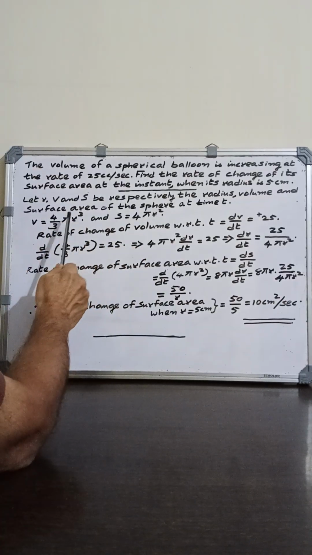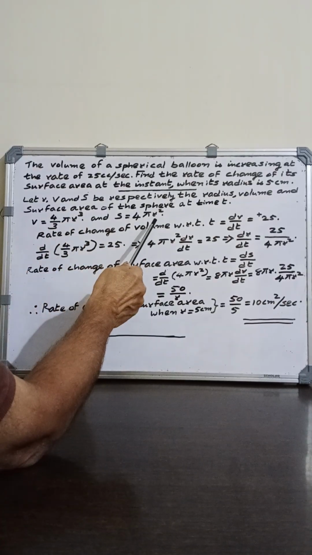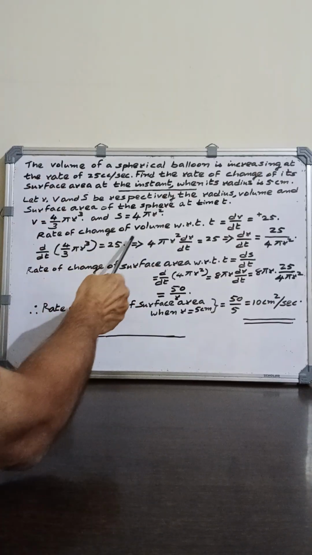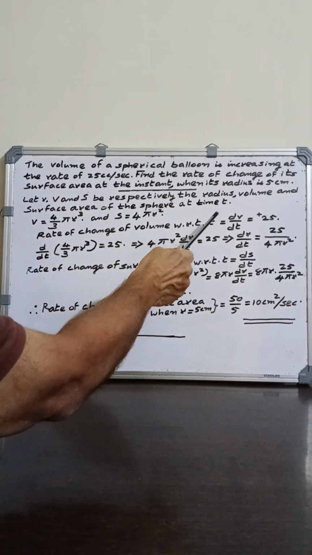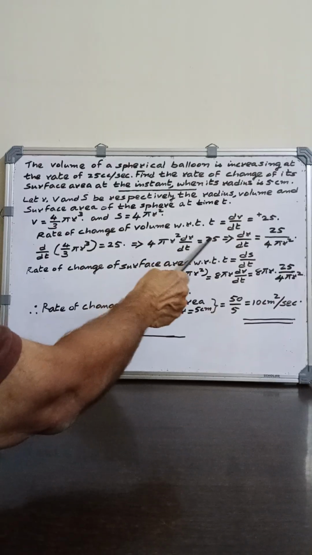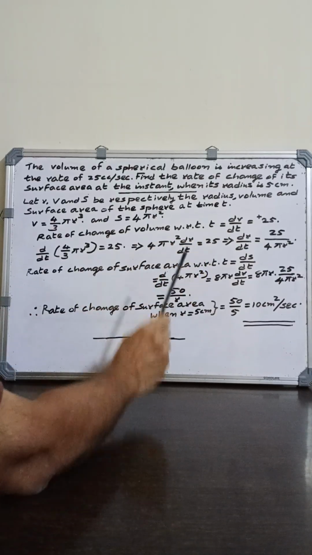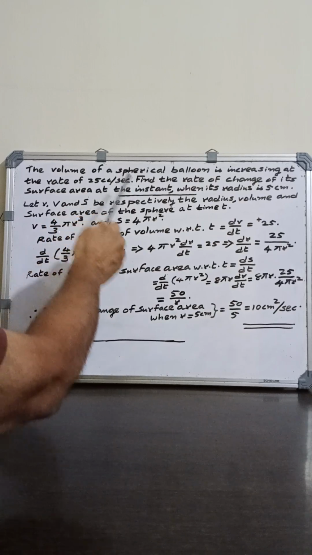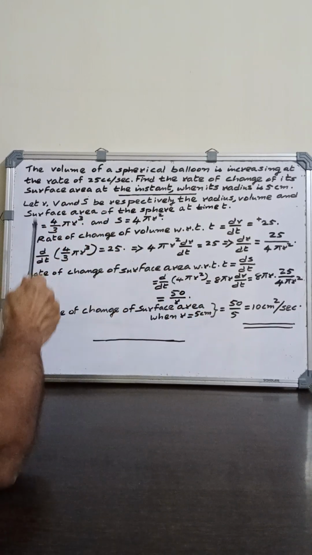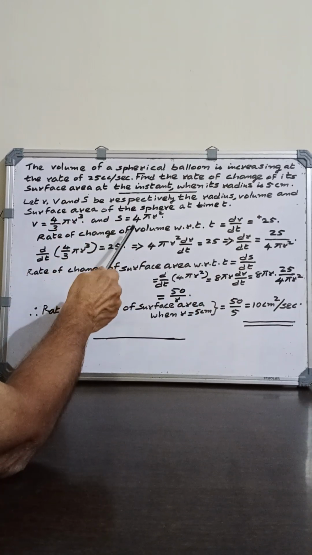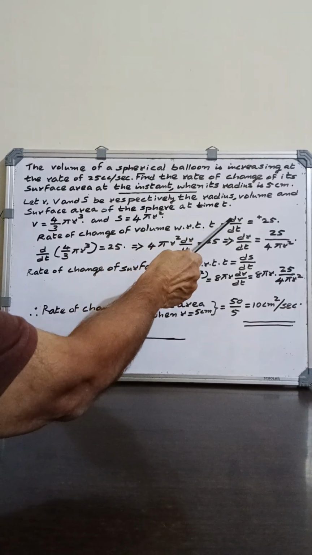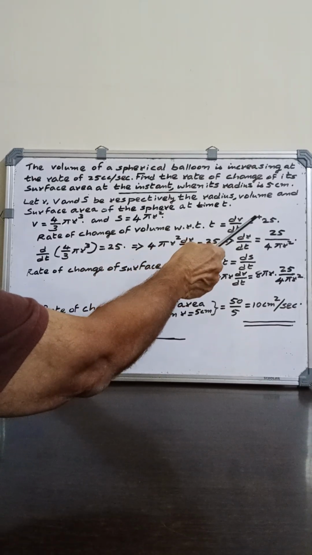These two we can consider to be two functions. Rate of change of volume with respect to t, dV by dt, is given here as 25 cc per second. That is, dV by dt equals plus 25.